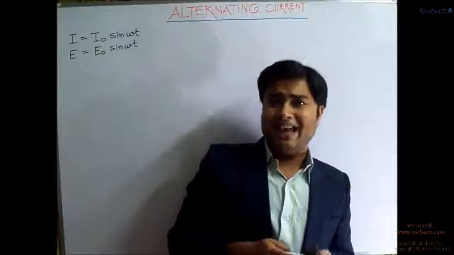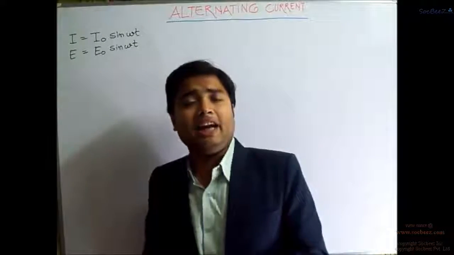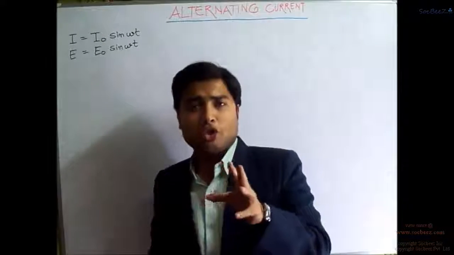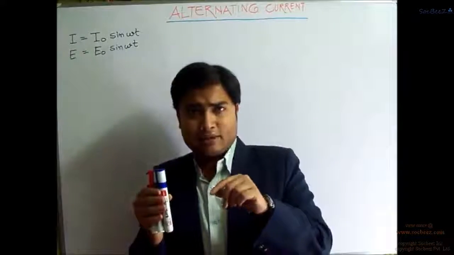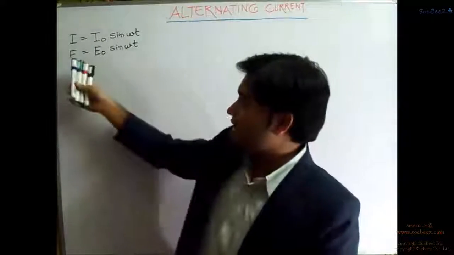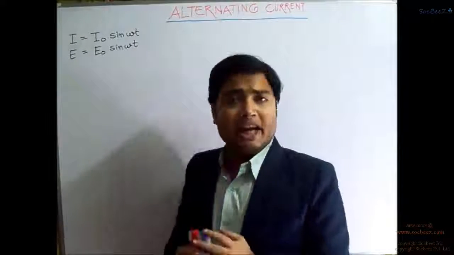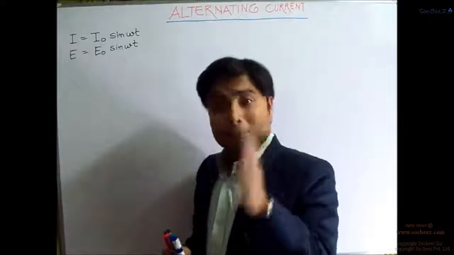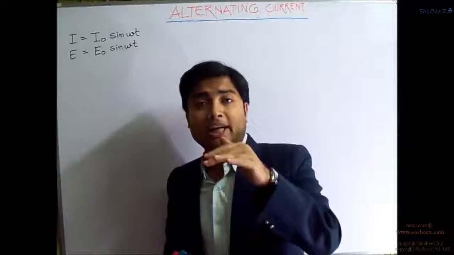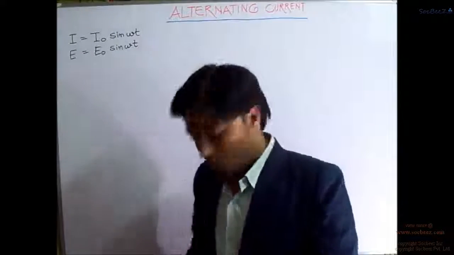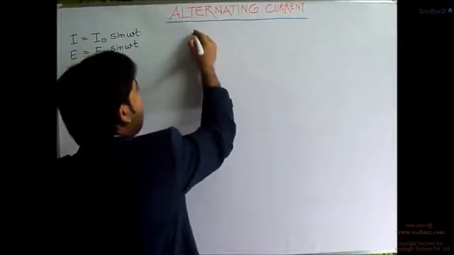Because this is the same as we have defined: the alternating current changes its magnitude with respect to time and periodically reverses its phase. Likewise, the alternating EMF changes its magnitude with respect to time and periodically changes its phase, right?